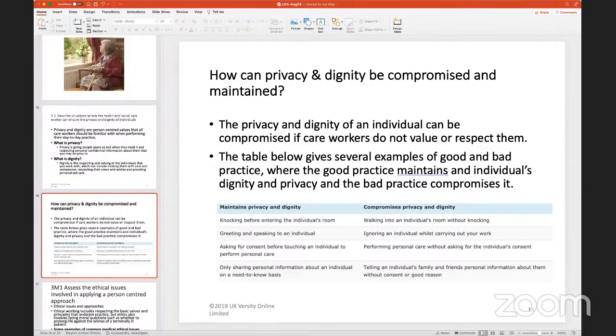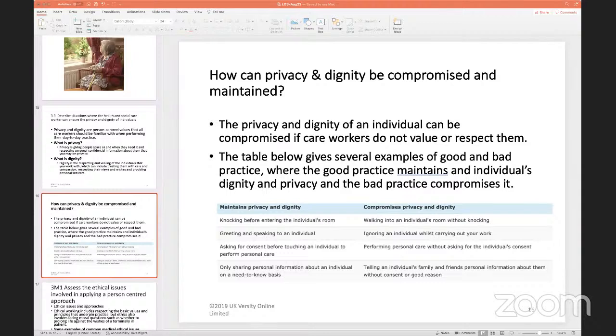And when the individual's dignity and privacy is compromised, the patients can feel offended, they can become closed, and the relationship or bond that you've developed while working with them can break, and they can lose any confidence in you. And this is why it is very important to maintain the individual's dignity and privacy, specifically in the actions that we take when making these choices.